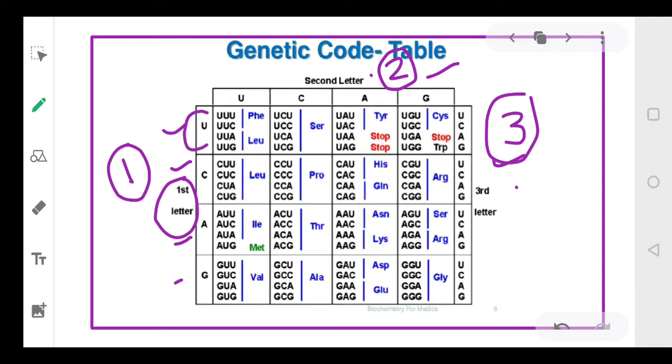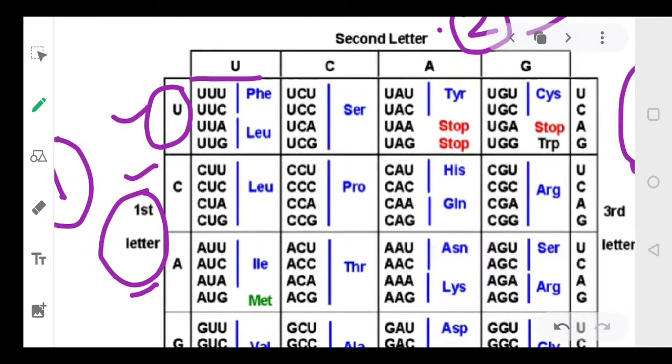Suppose here it is U. We'll take the first block, this is your first block. Here we have the first letter U, then second this, and third this. So that is why we have triple U. Clear?